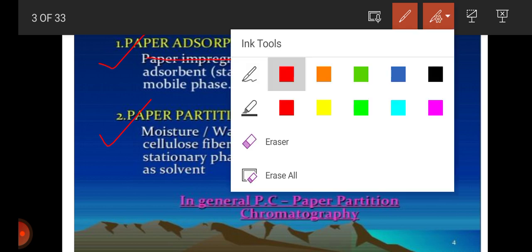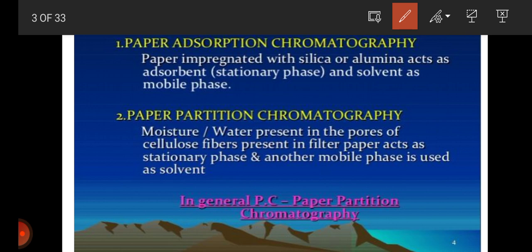Whenever we discuss chromatography, two things play a very important role in chromatography techniques. One is called the stationary phase, and the second is called the mobile phase. Both play a very important role because separation of compounds takes place between these two phases only.